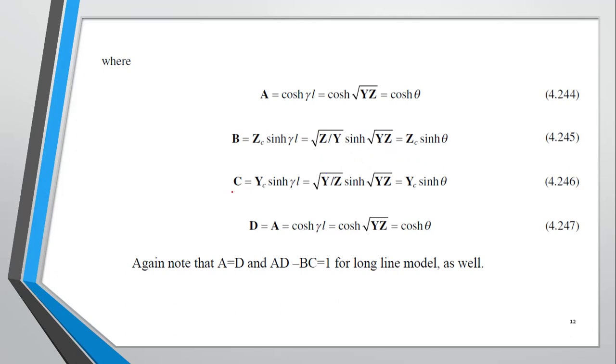Similarly, C is Yc sinh(γL), and it can be expressed by this equation, and D is cosh(γL). For the equation verification, these are the two verification parameters in A, B, C, D: A should be equal to D, and AD minus BC is equal to 1.